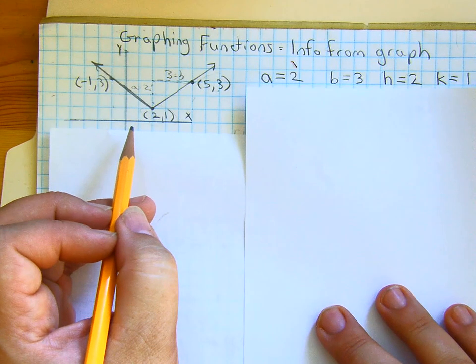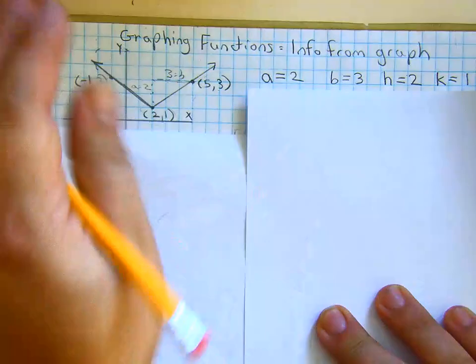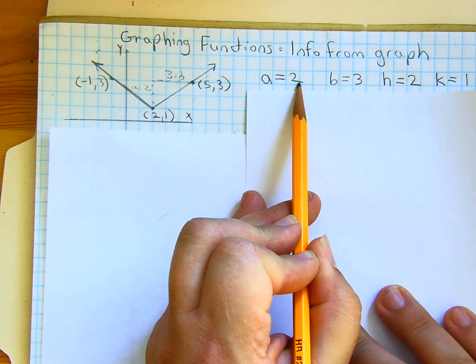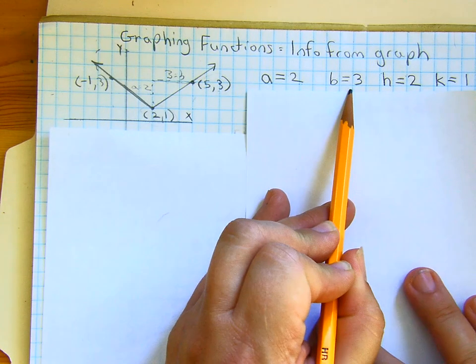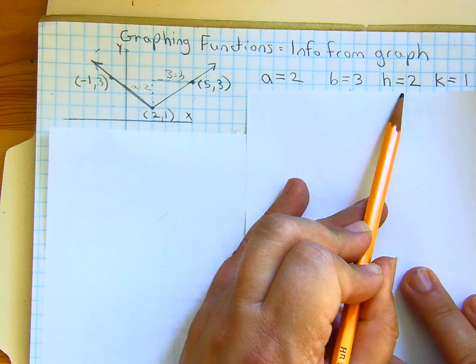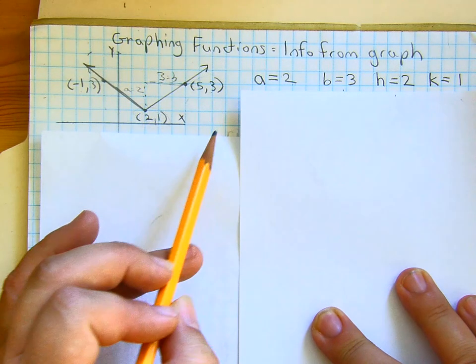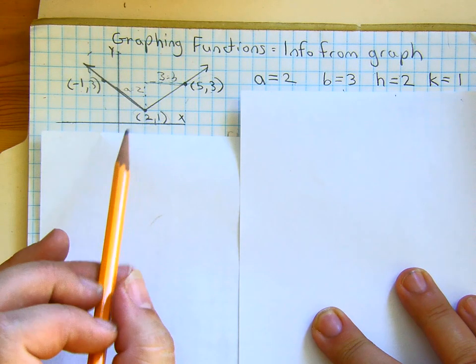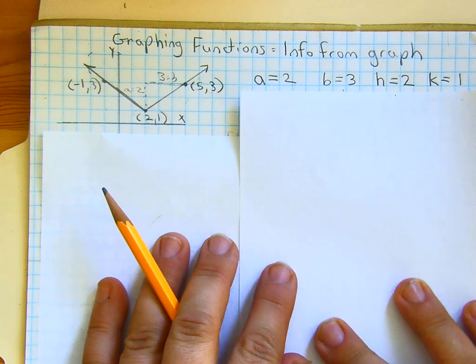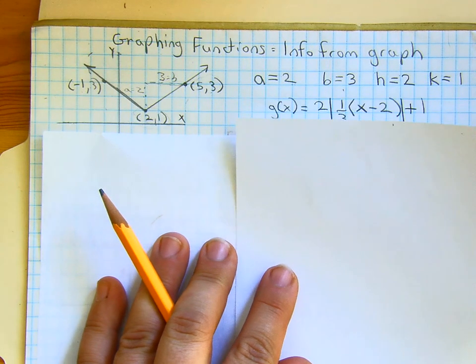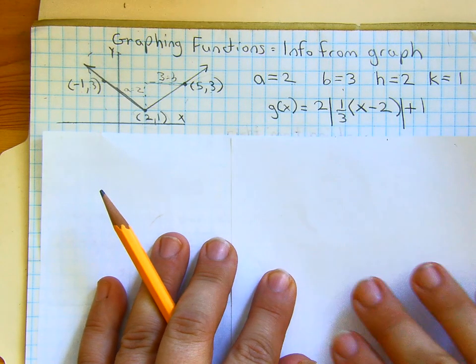So we can actually get the values of our a, our b, our h, and our k all right here. And just like that, I have the information to plug into my equation.